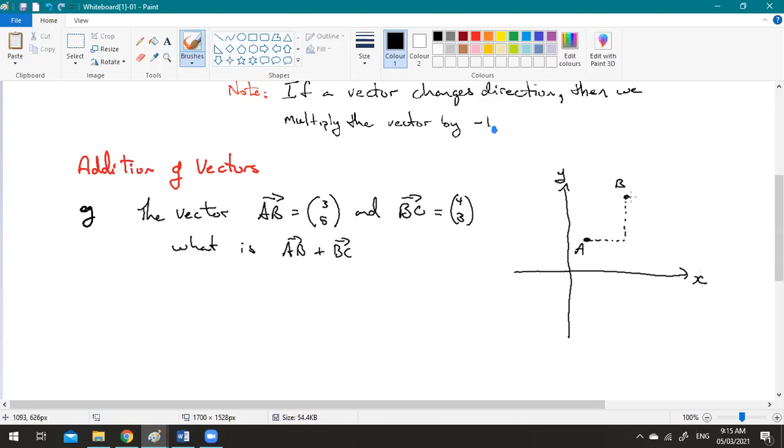So the X represents the 4, so we go across 4, and then we come up 3. So C. So you go AB to BC. Now what they're asking us to find by adding is the vector from A to C. This would give us AC.